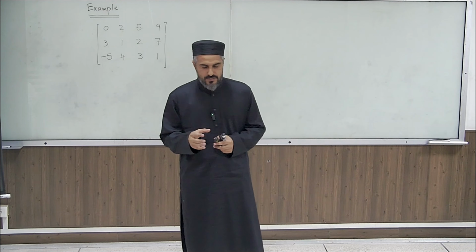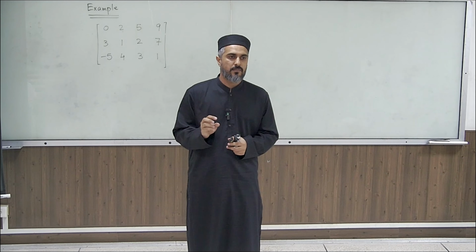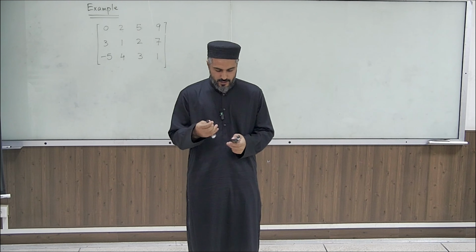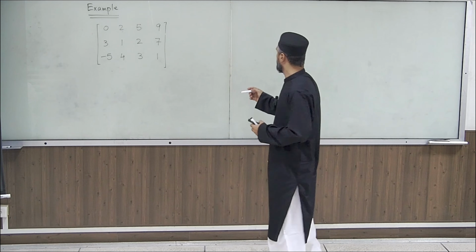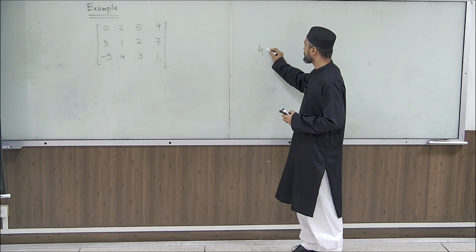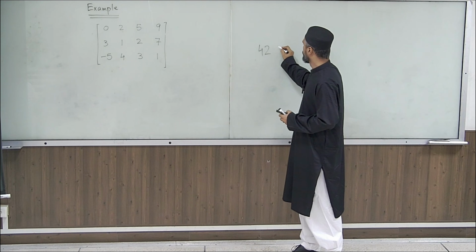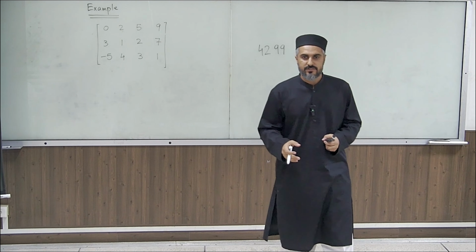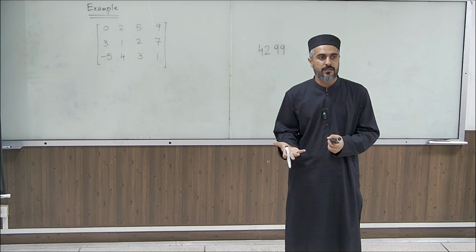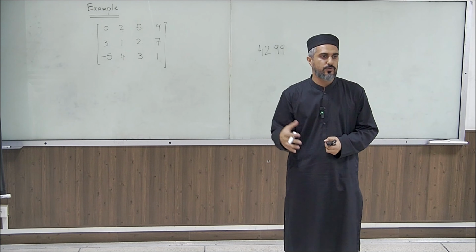Let me quickly give you an example of what happens when we get bigger numbers in magnitude. For example, we have the number 4299. Let's consider that you have a machine which can only display up to two decimal places.